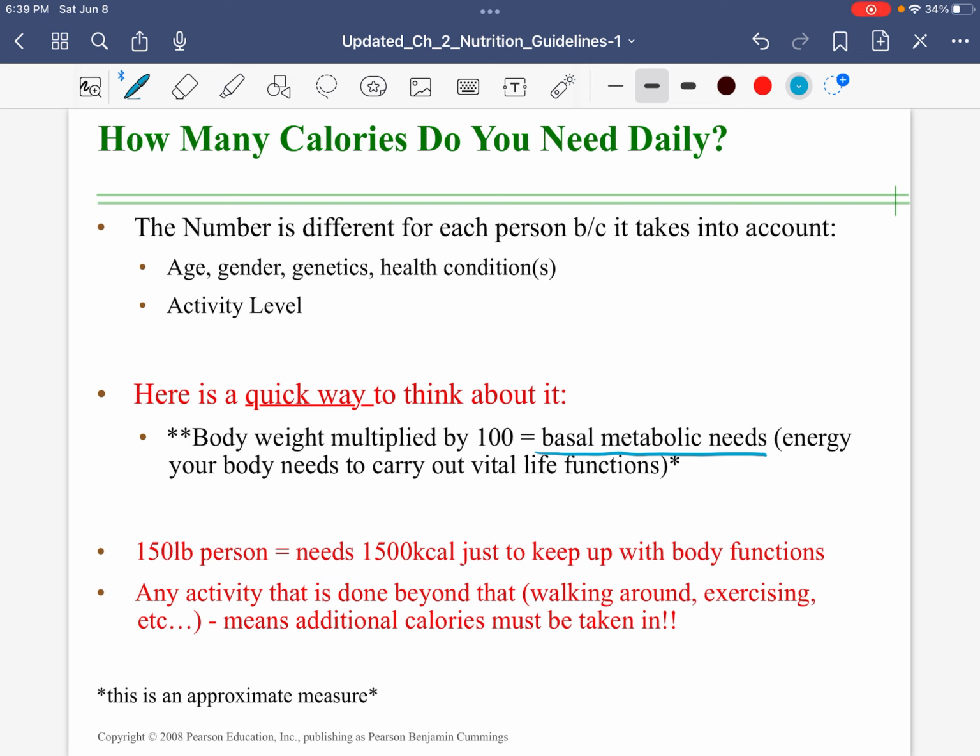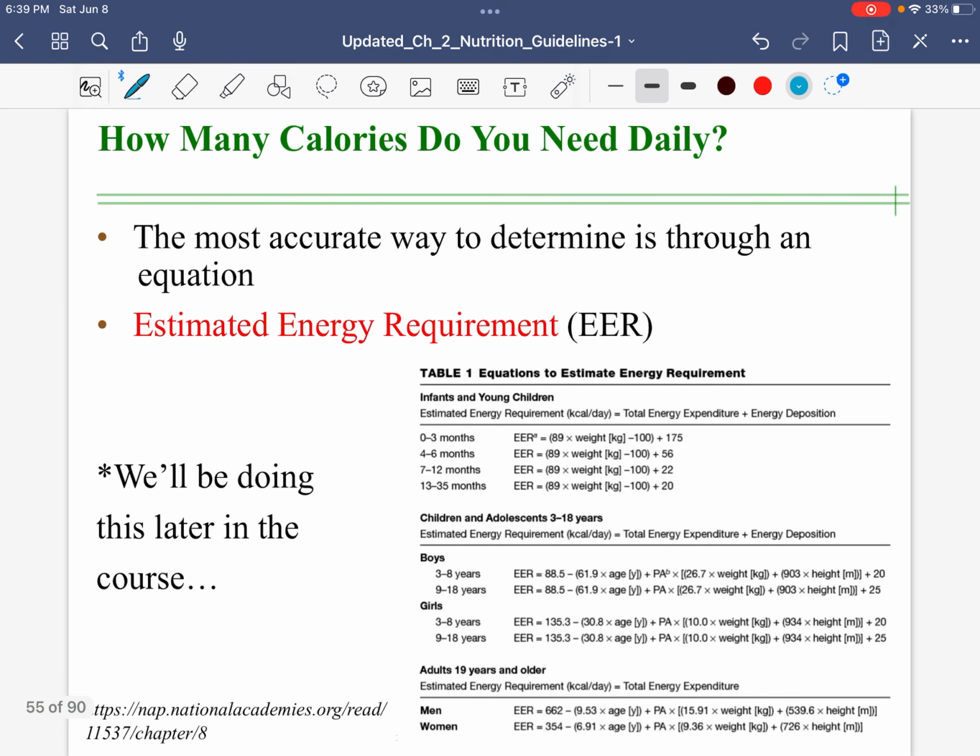So a simple example, a 150-pound person times 10, 1,500 calories just to keep their body going. I'm not saying this is the best way to go, but it's a quick and dirty way to give us a ballpark. And then whatever exercise or activity you do above that, you would add those calories to that 1,500.